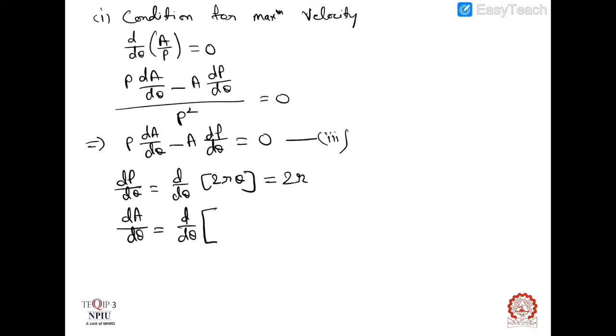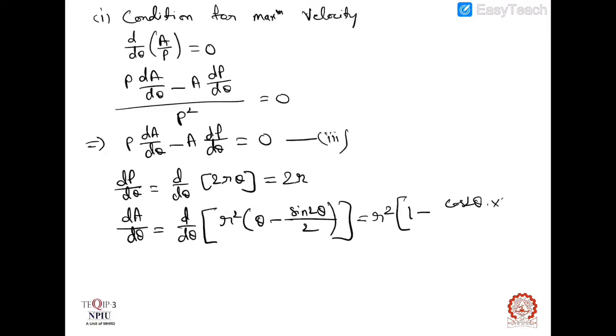Area is r square theta minus sin 2 theta divided by 2. After differentiating this, r square is constant, differentiation of theta is 1, minus sin 2 theta will be cos 2 theta into 2. This is the differentiation of sin 2 theta, divided by 2. This will cancel out. So we have dA upon d theta is equal to r square into 1 minus cos 2 theta.